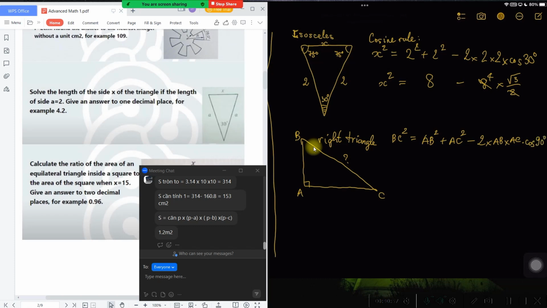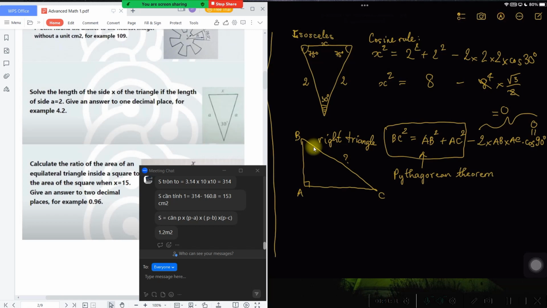But you know that sin 90 is 1 and cos 90 is 0. So this whole thing is 0, isn't it? So you have only this one left. What is this? This is the Pythagorean theorem.